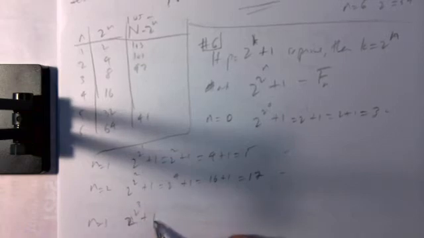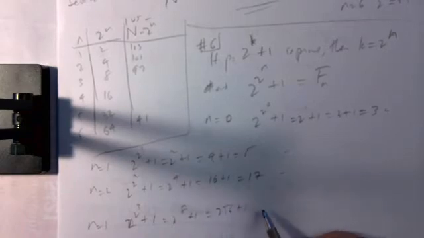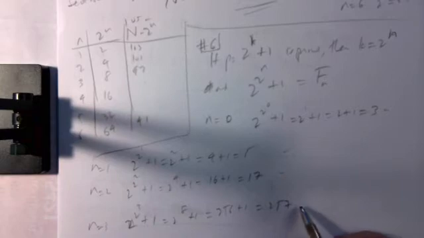If n equals 3, 2 to the 2 cubed plus 1 is 2 to the 8th plus 1. 2 to the 8th, I think, is 256, plus 1 is 257, and I think that is also a prime.